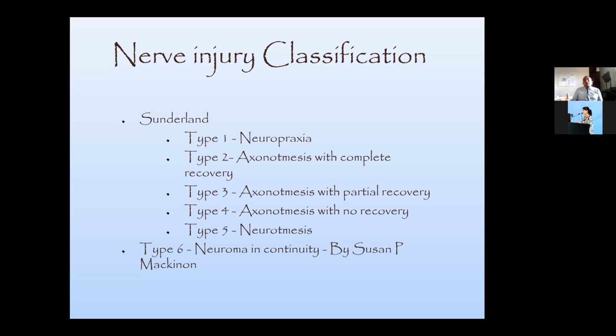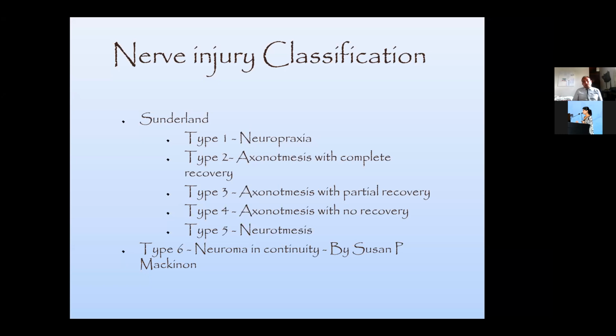But it completely recovers. And when it comes to type 3, the axon is not there and the endoneurium is also not there, but the perineurium is there. Therefore, they will go for partial recovery. There won't be complete recovery. And type 4 and type 5 both are the same, and they are not going to recover.